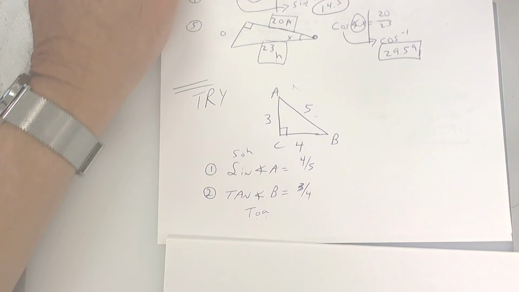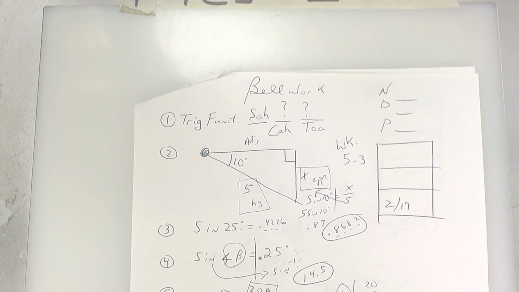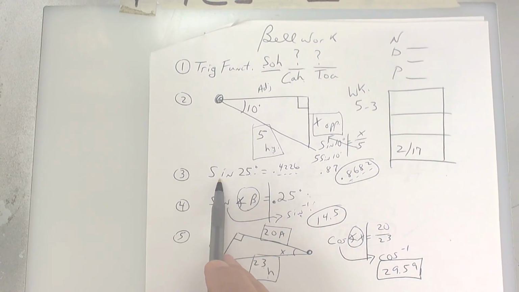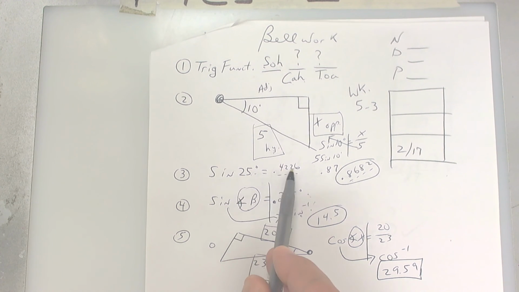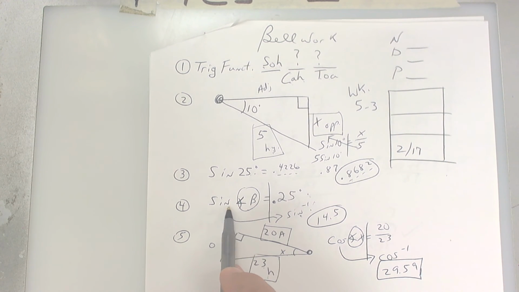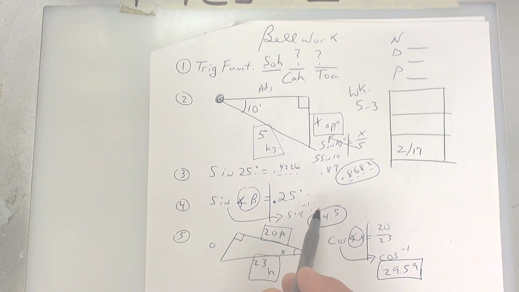And let me just reiterate. On today's work, if it says the sine of 25, you just use your calculator. If it's the sine of the angle where you're looking for the angle, you have to do the inverse key. All right, so today's work is going to be a worksheet.